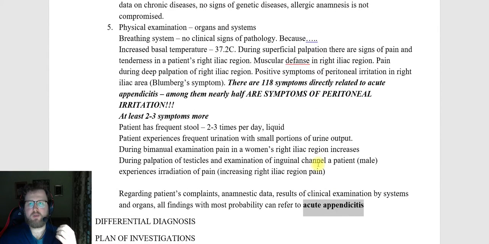It's called preliminary because all those symptoms may refer to some other diseases which can mimic acute appendicitis.